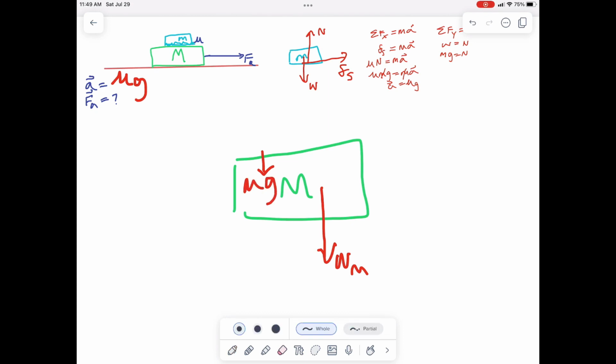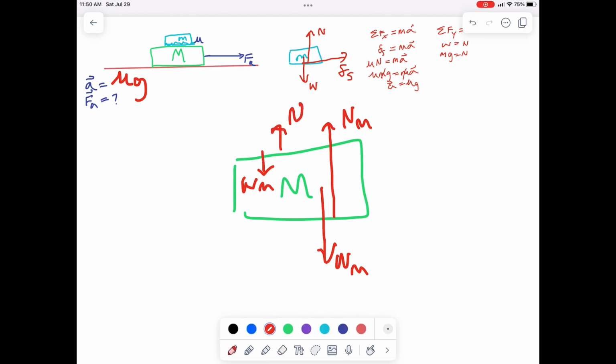And then I have the normal force of my capital M, and then I would have the normal force of my little m block. So those are my forces acting in the y dimension. And then, of course, we know from the diagram that we have some applied force acting on it to the right. Now this is where things can get a little bit trickier.